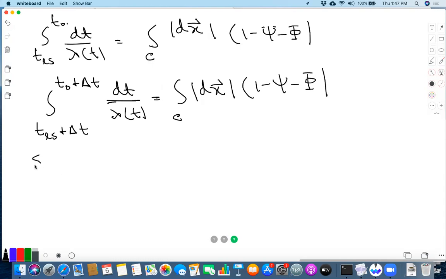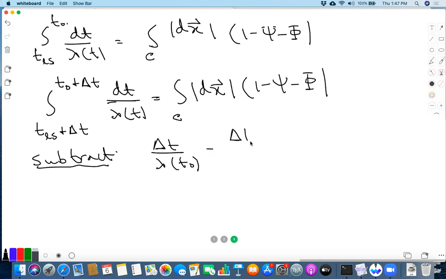So now subtract. The right hand side vanishes. And what you see from here is basically that the upper limit has changed from t naught to t naught plus delta t.